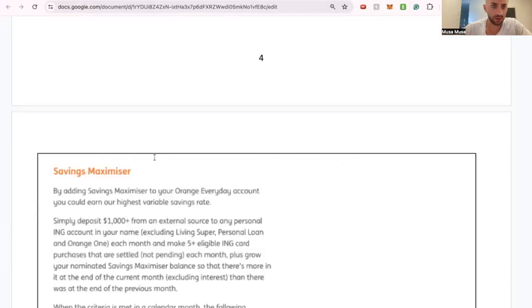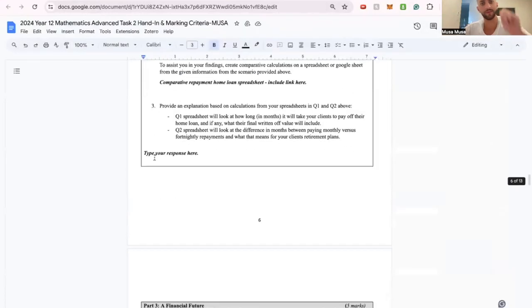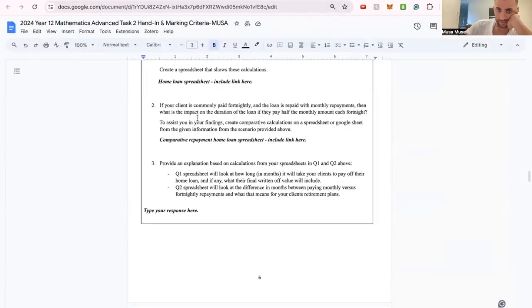So let's go to part 2. I don't know why I jumped all the way to there. Part 2. If your client is commonly paid fortnightly and the loan is repaid with monthly repayments, then what is the impact on the duration of the loan if they pay half the monthly amount each fortnight?